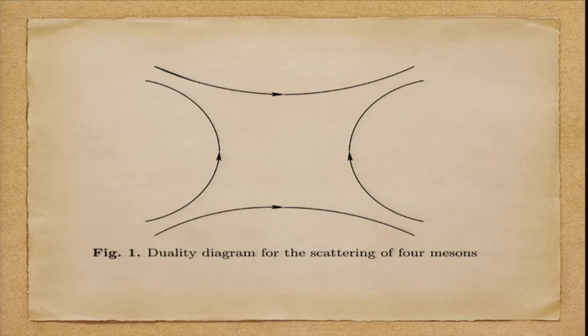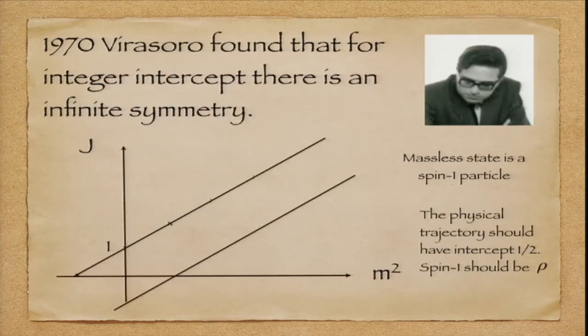To make it even more complicated, in a sense, was an observation that Miguel Virasoro made in 1970. He said that all the particles lie on linear trajectories like this. But if you push the trajectory up so that the intercept here, the first particle here, is a massless spin 1 particle.